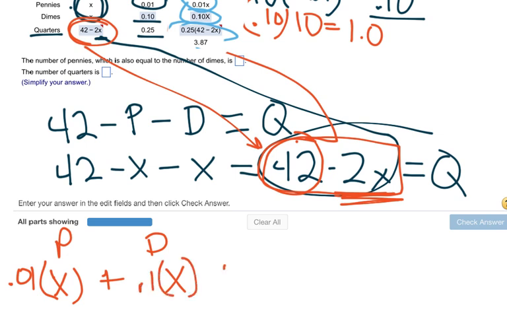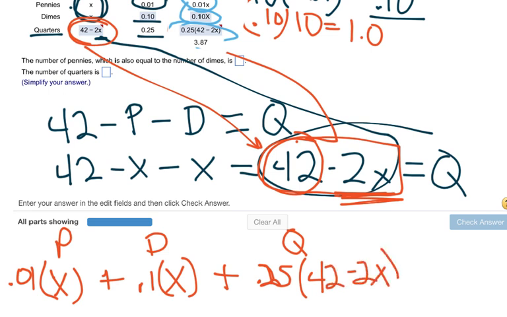And then I would add that to how many quarters I have, which I don't know, but I know that the final value based on X would be 0.25 times 42 minus 2X. And all of that added together will add up to the 3.87.